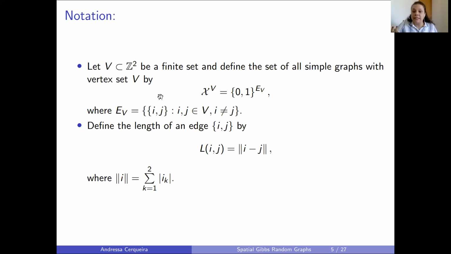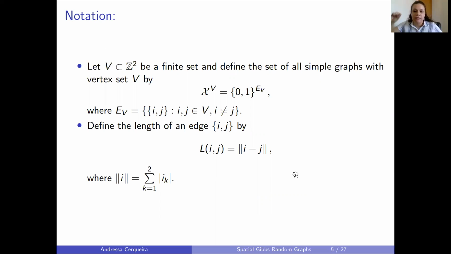Then I need to define some kind of distance between vertices. I have vertices i and j, and I will define the length of the edge between i and j. This is just the distance between i and j, and here I will just use the L1 distance.